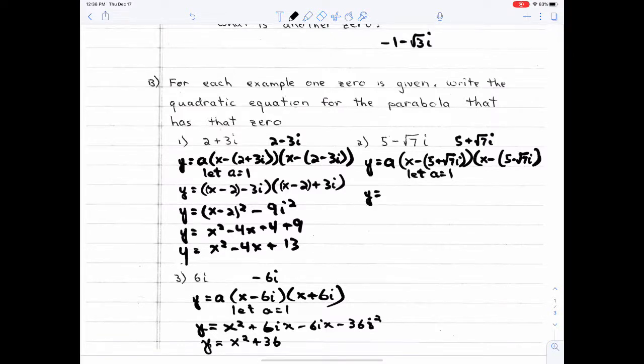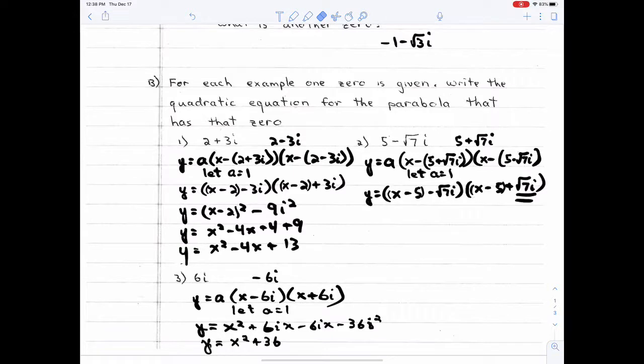So again, a is 1, so I'm going to distribute the negative: x minus 5 minus square root of 7i, and x minus 5 plus the square root of 7i. And notice if I put the first two together, these are the same, minus and plus. We have what are called conjugates. So let's multiply it out.